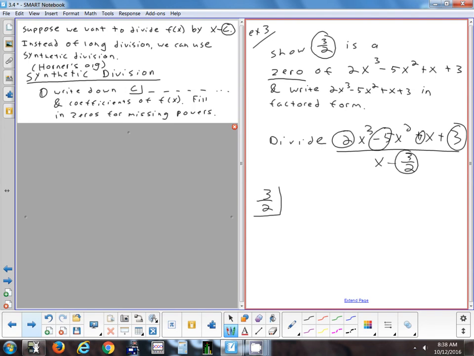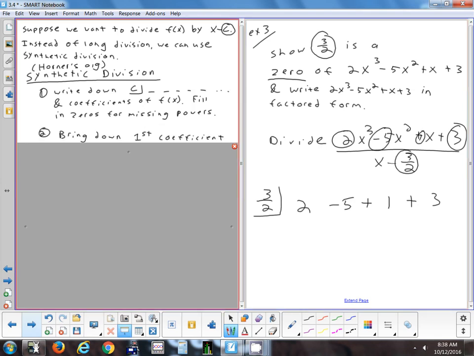Am I missing any terms? You think, Francisco? Nope, I got them all. So I'm going to put a 2, negative 5. What's the coefficient on x? 1. Yeah, it's just a 1. Can't forget that. And a 3. Right, so that's step 1. Step 2, bring down the first coefficient.